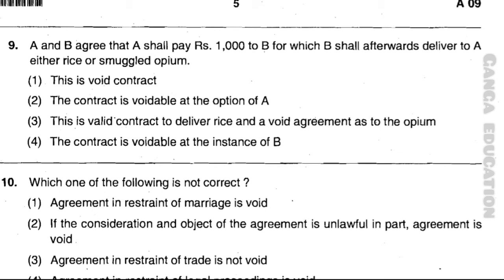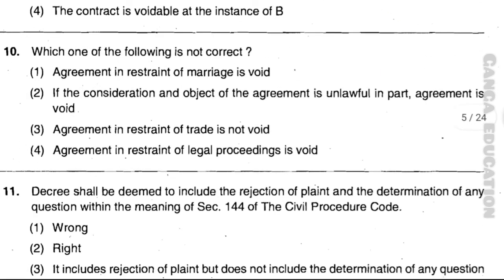Option number 4, the contract is voidable at the instance of B. And the correct answer is option number 3, this is a valid contract to deliver rice and a void agreement as to the opium.